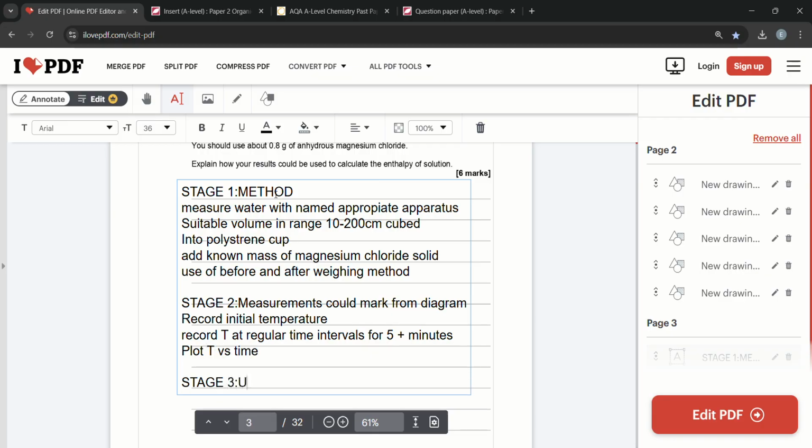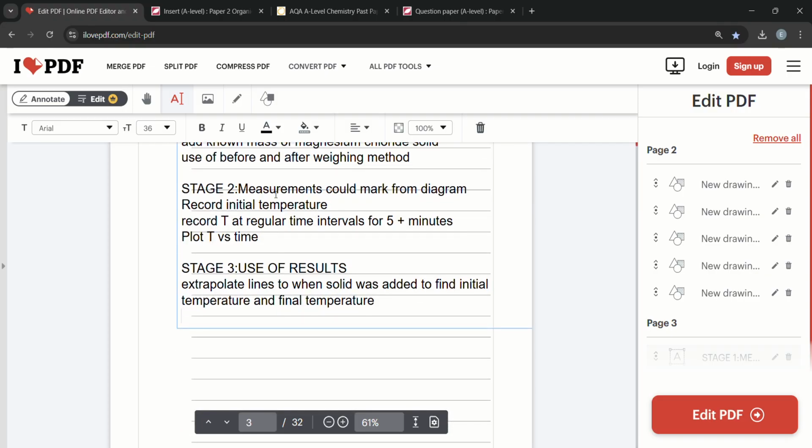Stage 3, use of results. Extrapolate lines to when solid was added to find initial temperature and final temperature.